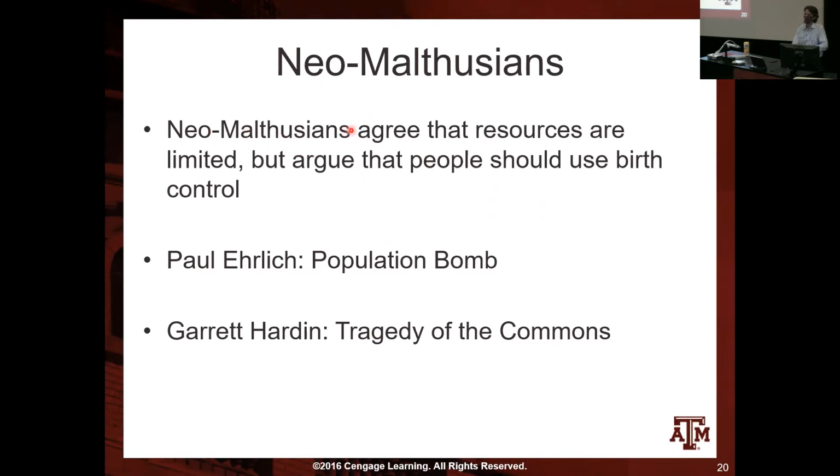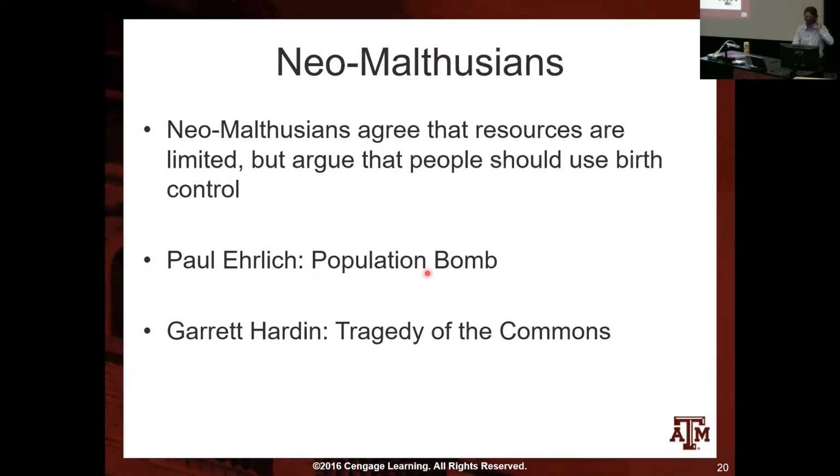And the researchers that use Malthus as the background for their analysis are usually referred to as new Malthusians. The new Malthusians agree that resources are limited, but argue that people should use birth control. So here they are not limited by religious beliefs.